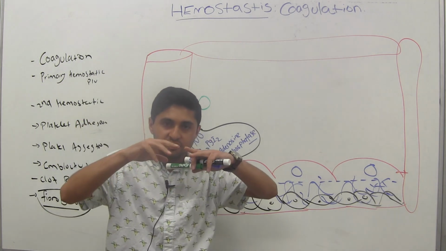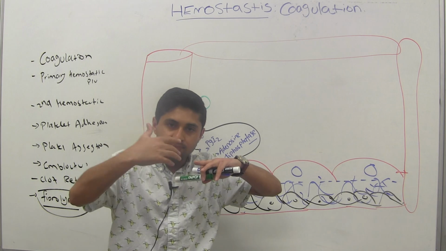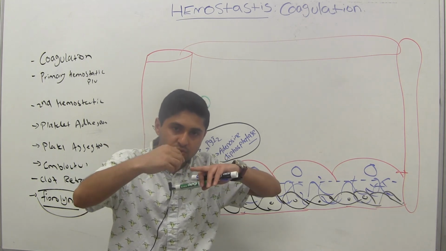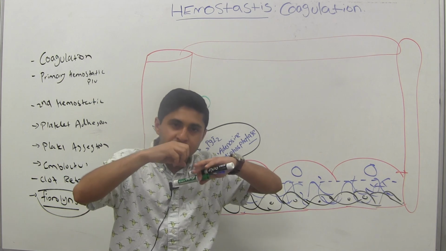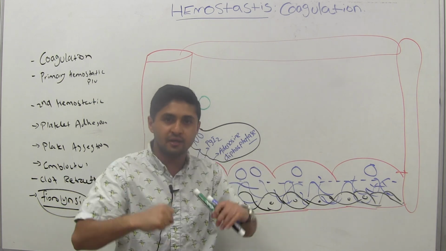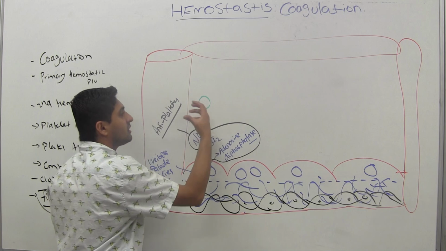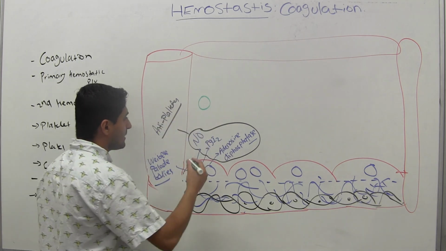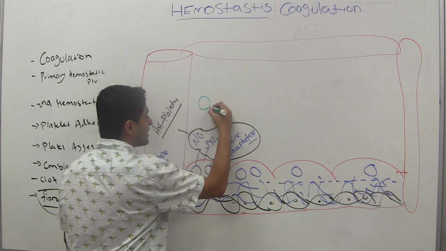Finger-like projections come out, and when the blood passes rapidly through the bone marrow, those projections get removed from there, and we call them platelets. And these platelets have receptors located down here, right?